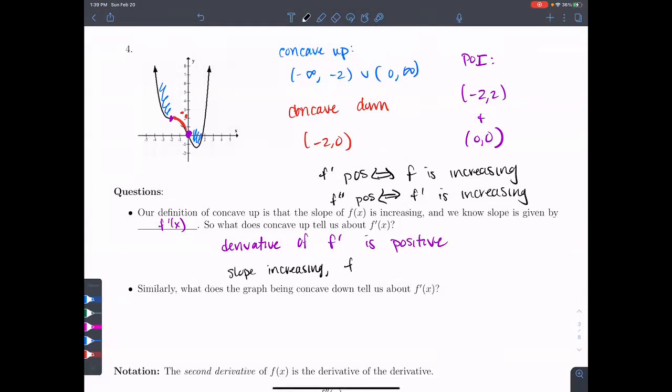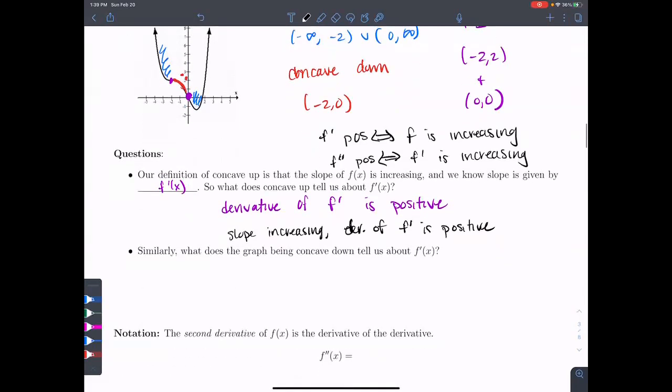That's a second derivative, but we haven't defined that yet. I will in just a second. The derivative of f prime is positive. The graph being concave down says that the slope is decreasing, so the derivative of f prime is negative.